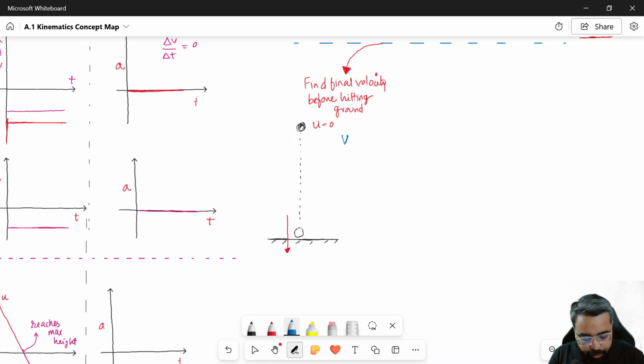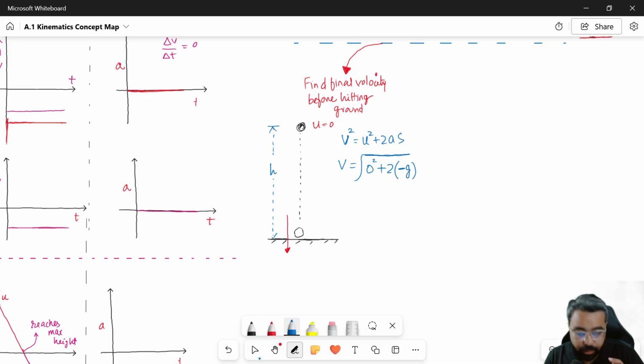We are not given the time of duration, whereas the height is h. This is a distance covered, so v square is equal to u square plus 2as. This is an equation of motion. We want to find out the velocity, so let's take a square root, and inside the square root, initial velocity is 0 plus 2 into negative g.